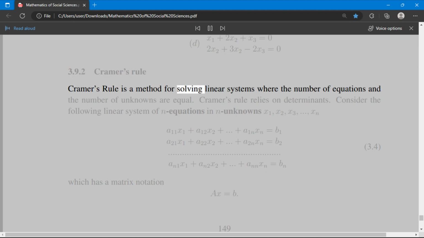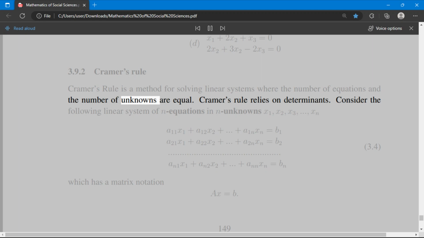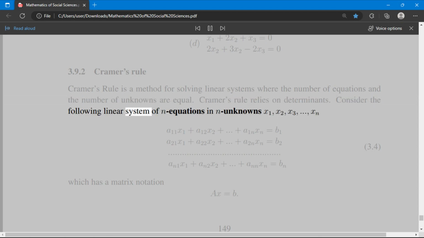3.9.2 Cramer's rule. Cramer's rule is a method for solving linear systems where the number of equations and the number of unknowns are equal. Cramer's rule relies on determinants.